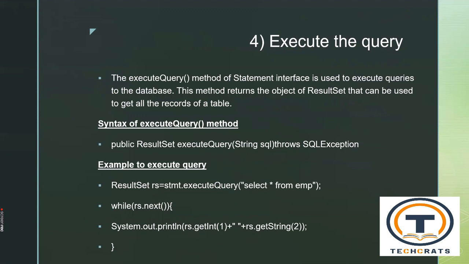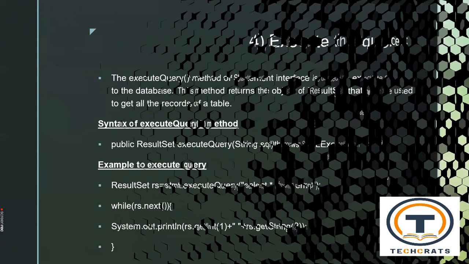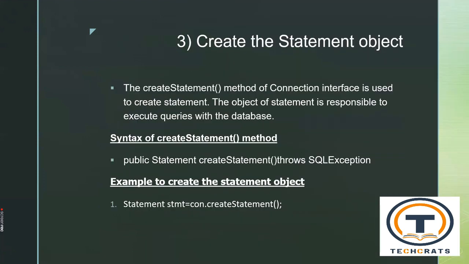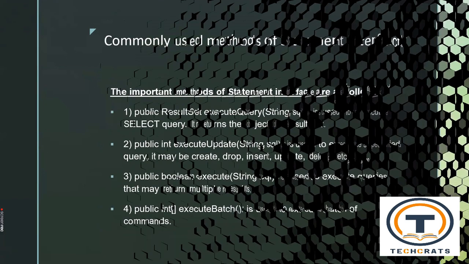Now we are at the fourth stage, execute the query. When you are using any kind of statement, like applying select star, or if you want to insert something, that means you want that to be executed. Now you want the result, basically, right? Because you are using a statement object, you actually created an object of that statement, and this statement object will connect you to those queries, and those queries will give you the results.